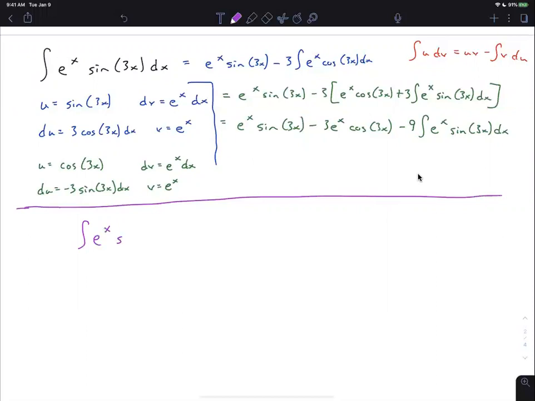So what we have shown is that the original problem, integral e to the x sine of 3x, is equal to that very last line. It's equal to e to the x sine of 3x minus 3e to the x cosine of 3x minus 9 times the integral itself.